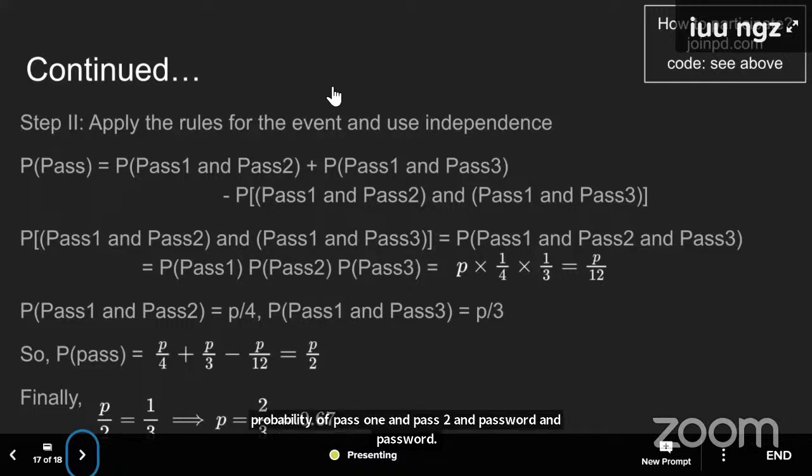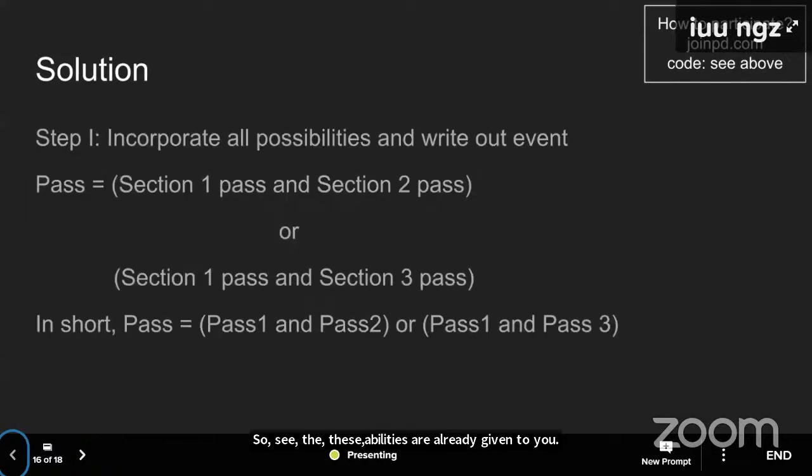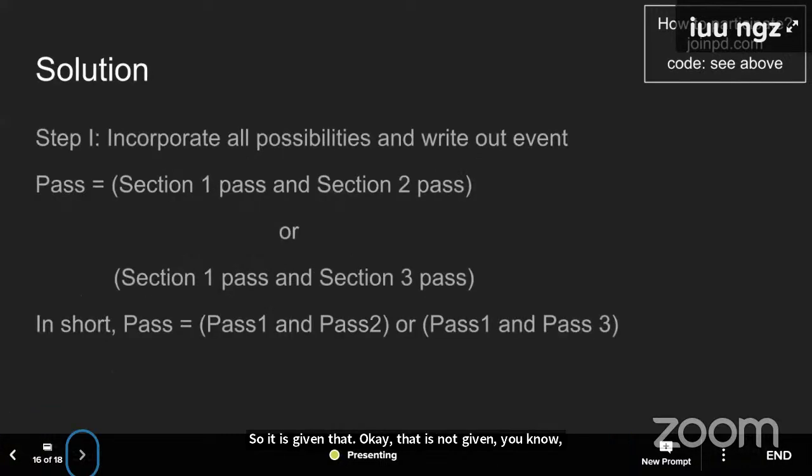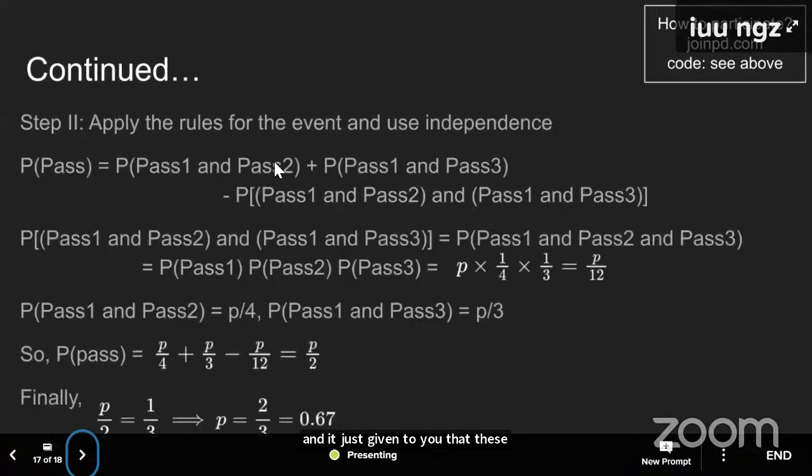So see, these probabilities are already given to you. The probability of someone passing section 1 and section 2. It is given to you that these events are independent. This pass 1, pass 2 and pass 3 are independent. So you can find probability of pass 1 and pass 2.